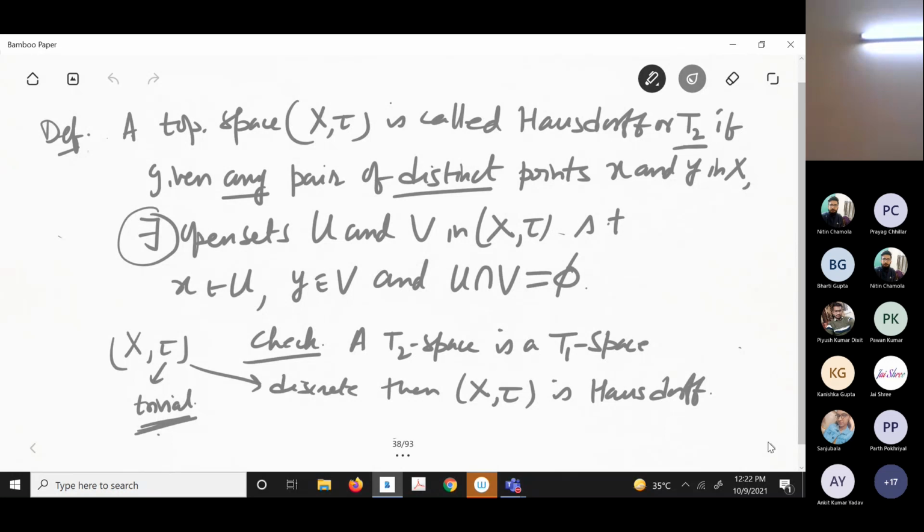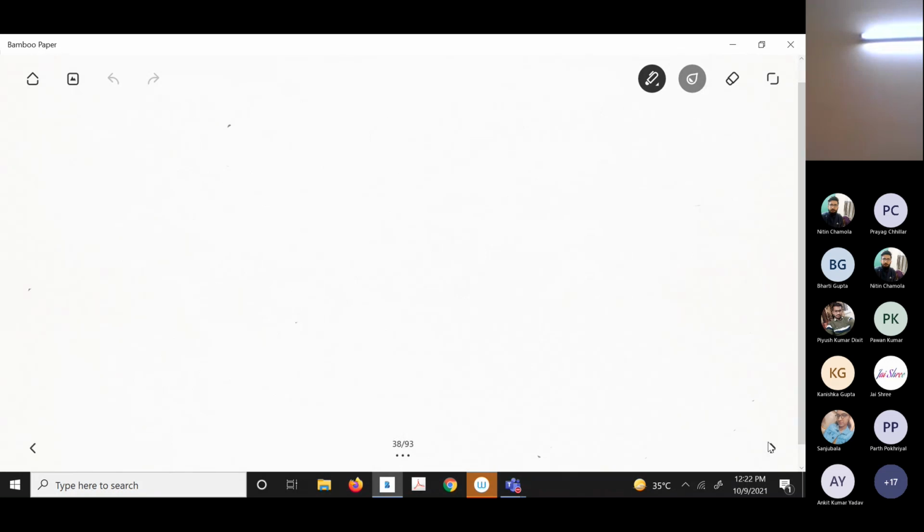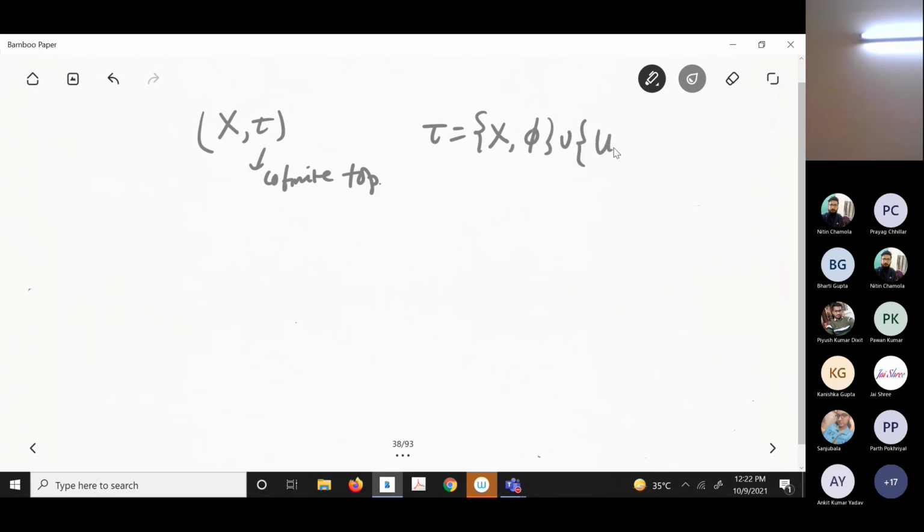Now look here, another good example that I discussed yesterday. If you have (X, tau), where tau is the cofinite topology. Remember, the cofinite topology means tau is X, phi, and those subsets U of X such that X minus U is finite, the complement is finite.